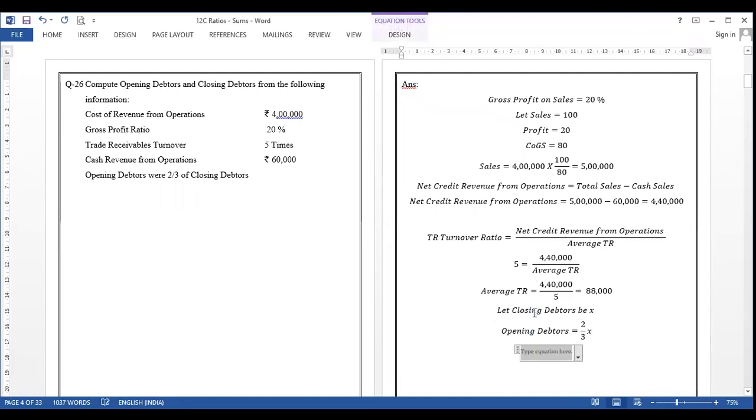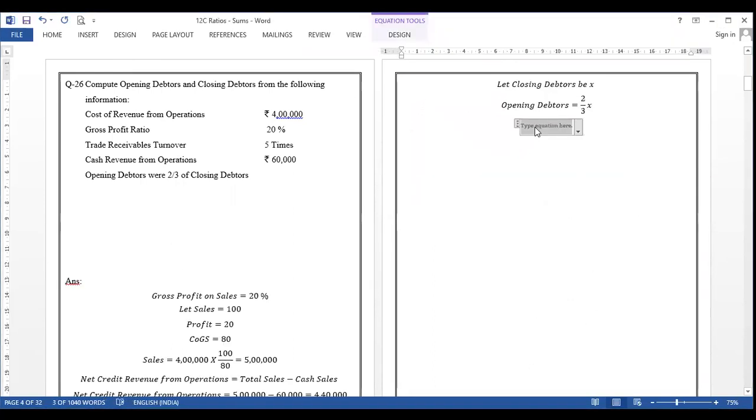Now we all know that average is opening plus closing divided by 2. I have average trade receivables with me, so let me apply the formula first of all. Average trade receivables is equal to opening trade receivables plus closing trade receivables divided by 2.